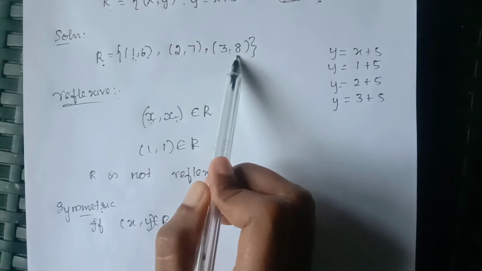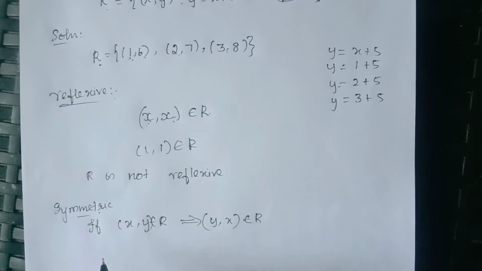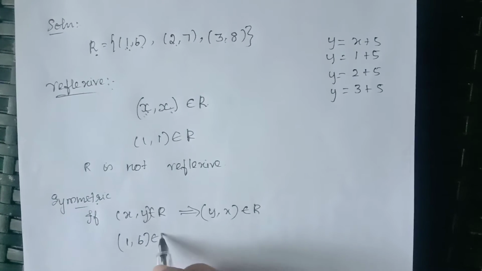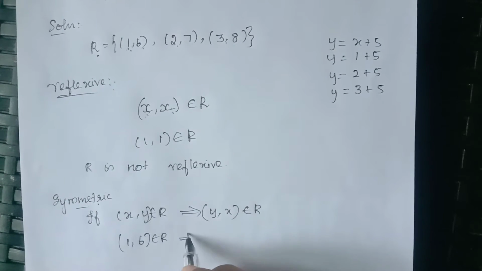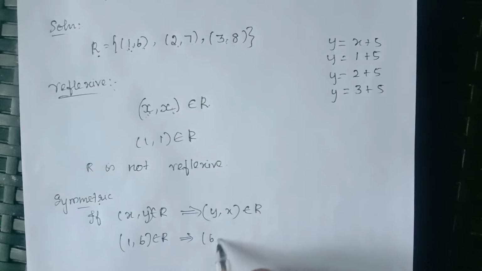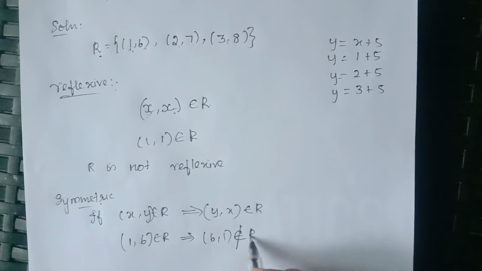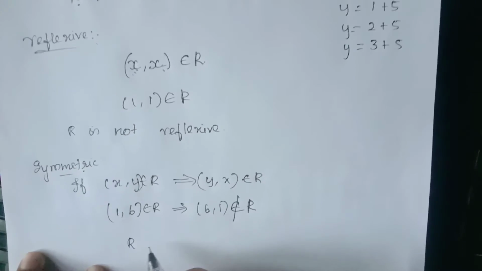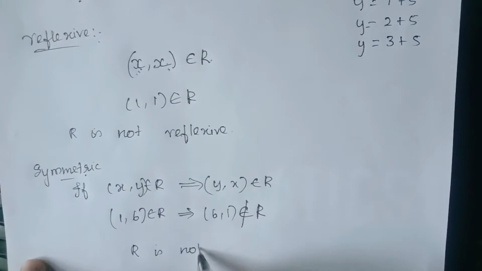We have (3, 8) belongs to R, but (8, 3) does not. So this condition is also not satisfied.